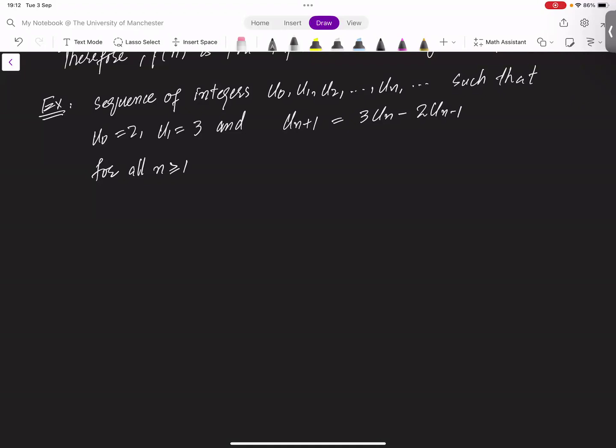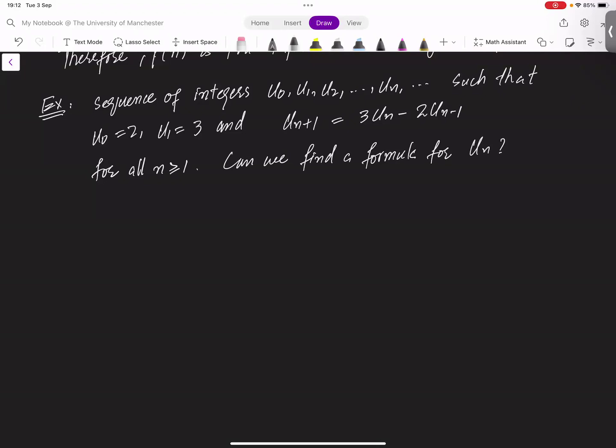We call such an equation a recurrence relation for the sequence. The question is, can we find a formula for the nth term?